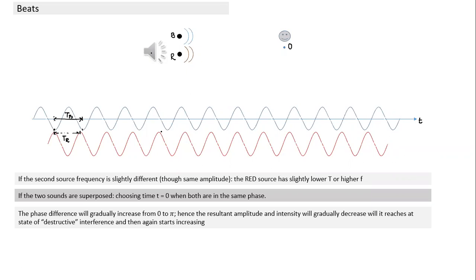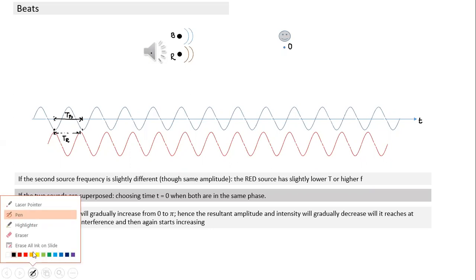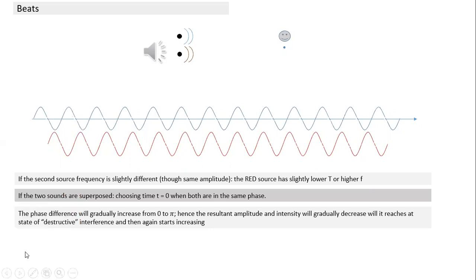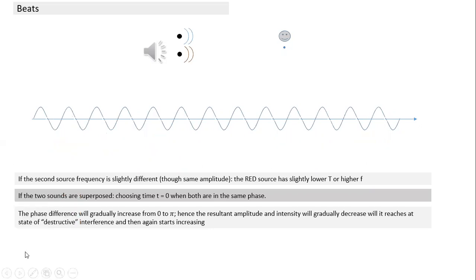I kept these two side by side, so this is the time difference over one oscillation, three oscillations, four oscillations. Now we will keep these two waves together. We are superimposing two waves which are slightly different in frequency. Let's keep these two waves together.